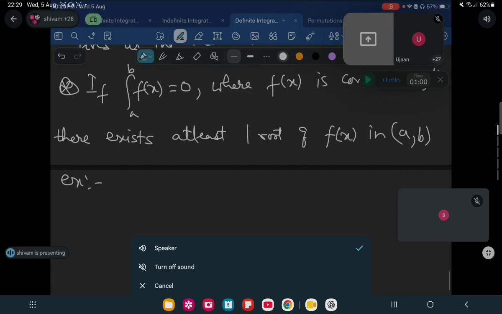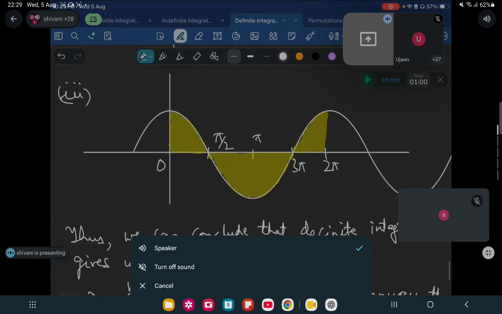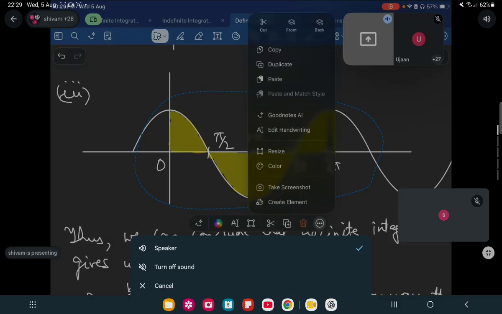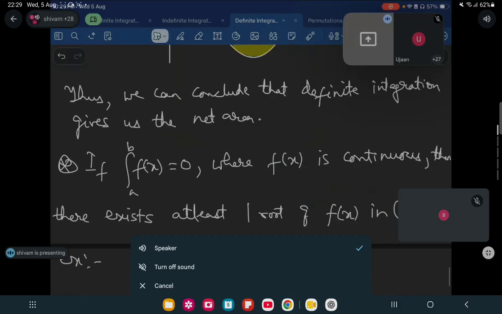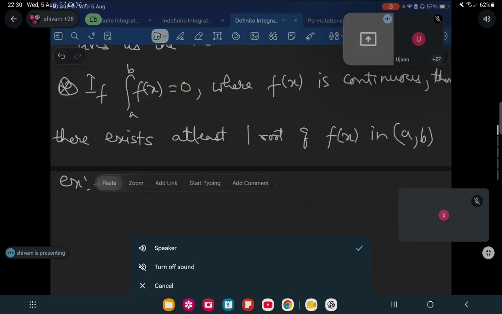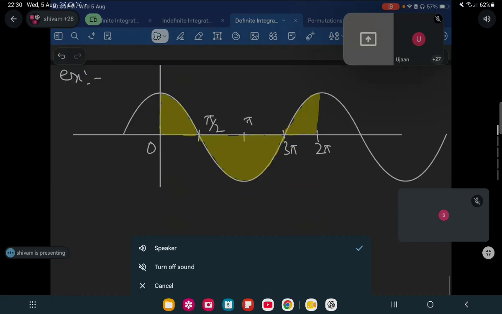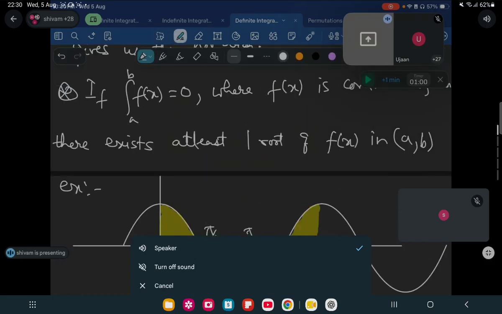Next, for example, just now we have seen the previous example, we can write the integral of cos x from 0 to 2 pi equal to 0. But what do you think, everyone? Is the converse true?